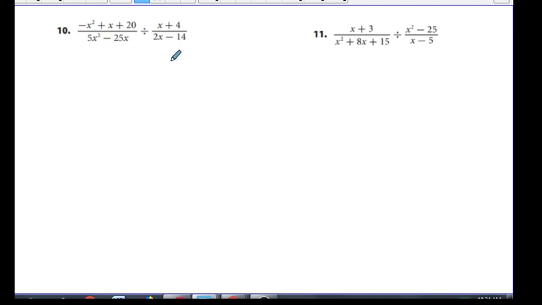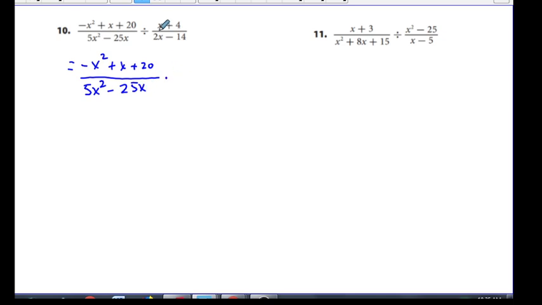Okay, for number 10, same situation, right? We're going to divide by the reciprocal, or multiply by the reciprocal. So we're going to be equal to negative x squared plus x plus 20 over 5x squared minus 25x.